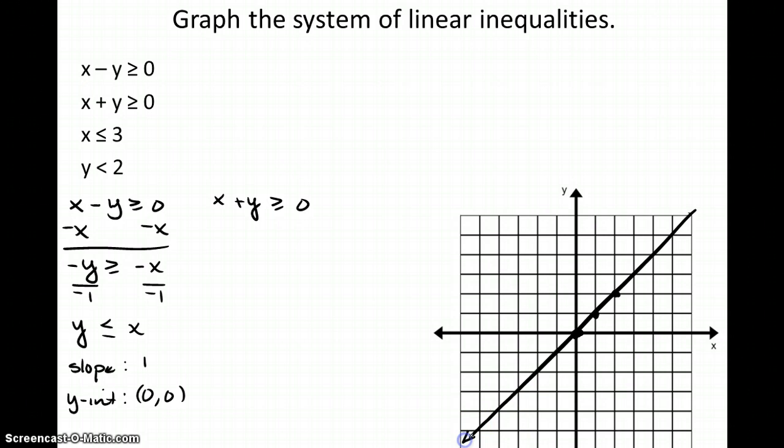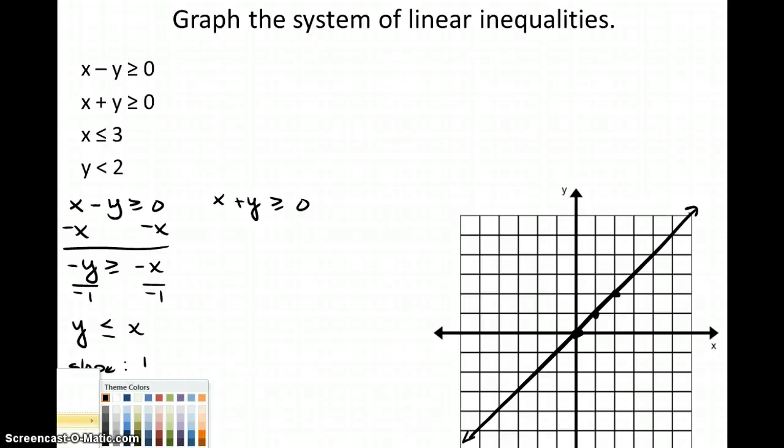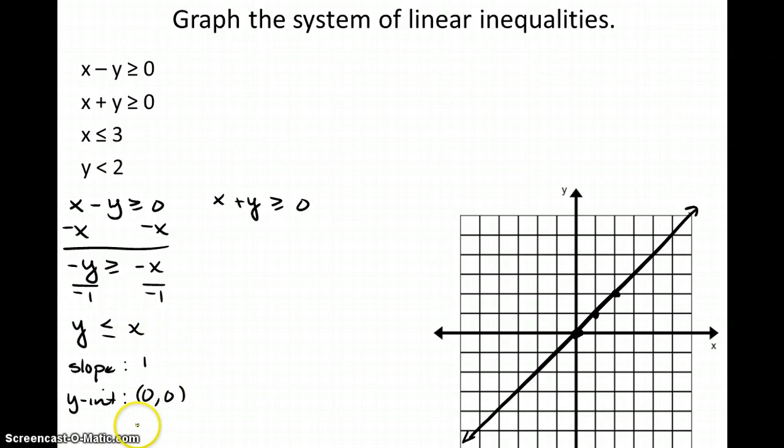A good idea would be to use a marker or a Sharpie for your lines and a colored pencil for your shading. Because it's less than, I'll shade below.